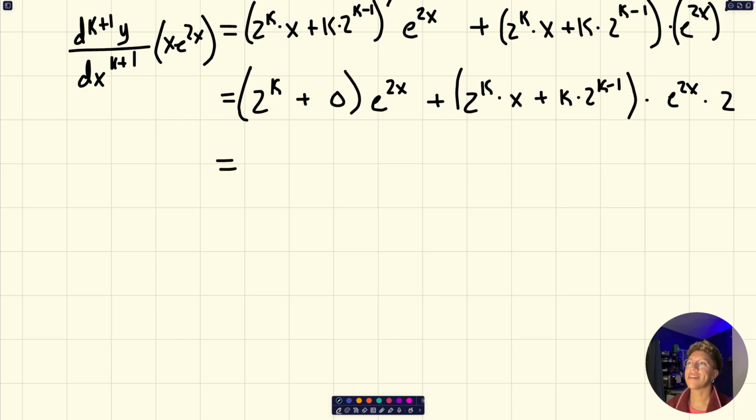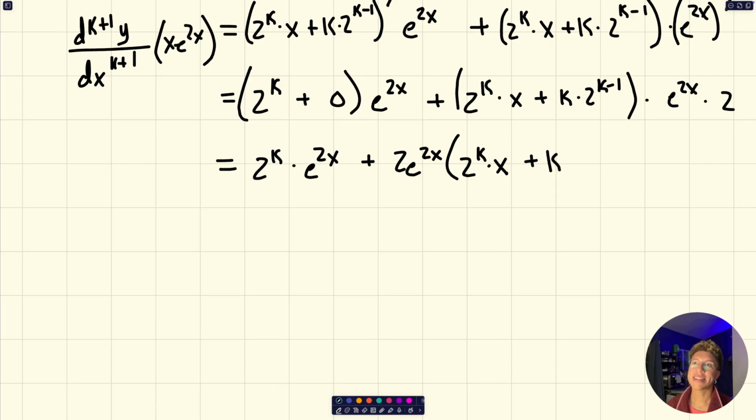What we can say here is that we have 2 to the k times e to the 2x. And then over here, we have 2e to the 2x multiplied by 2 to the k x, maybe keep that there, k times 2 to the k minus 1, like that.